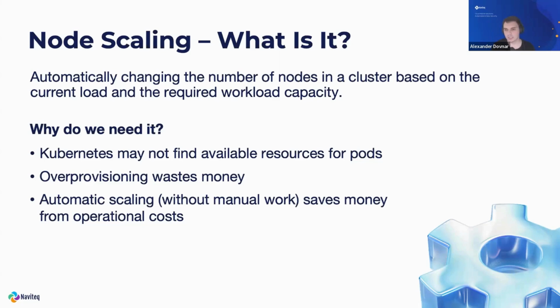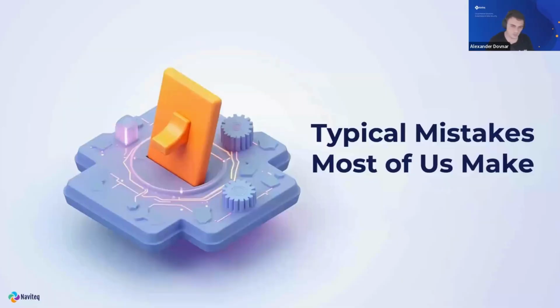Without this, your nodes stay idle, and you pay for that, because for cloud providers it doesn't really matter how much of the resources you really use. If you requested a big instance with, say, 8 gigabytes of RAM and four virtual cores, you will pay for that regardless of usage.